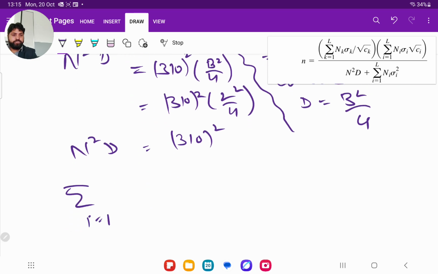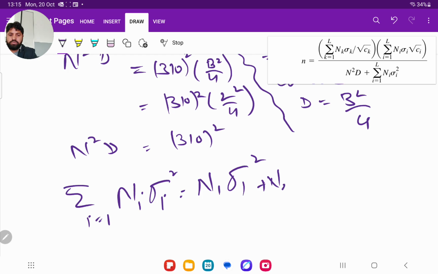And the last term is n i sigma i square. So it means that n1 sigma 1 square, n2 sigma 2 square, n3 sigma 3 square.